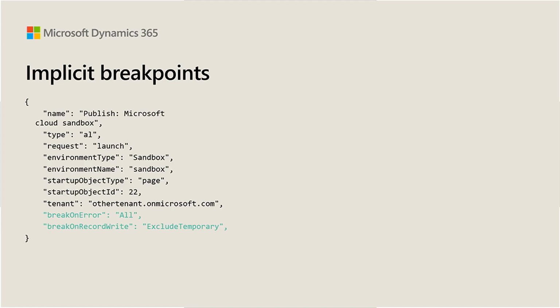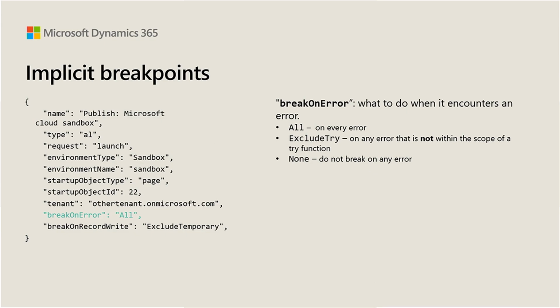So we have breakOnError, which specifies what to do when it encounters an error. You can set it to all to break for all of the errors. You can set it to excludeTry if you want to exclude those errors within a try function because you are already handling them in some way. Or you can set it to none if you don't want to break on any error.